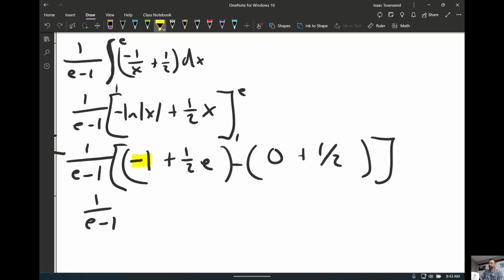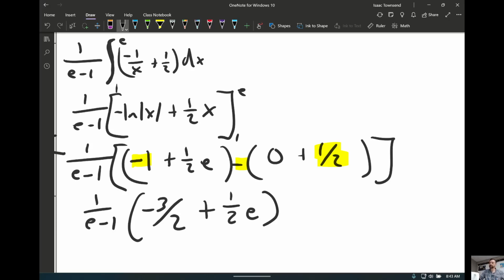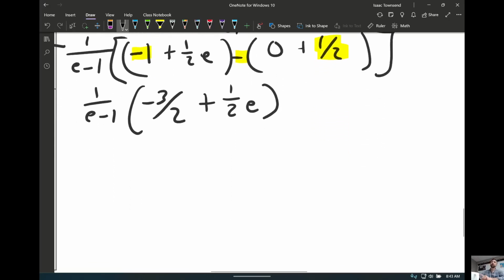I could combine these. -1 minus 1/2 would be -1.5 or -3/2. And I've got a 1/2 e and a -0, but the -0 doesn't do anything. Yep, still looks good. Then to try to figure out which one of the answers looks the same, I went ahead and distributed this.